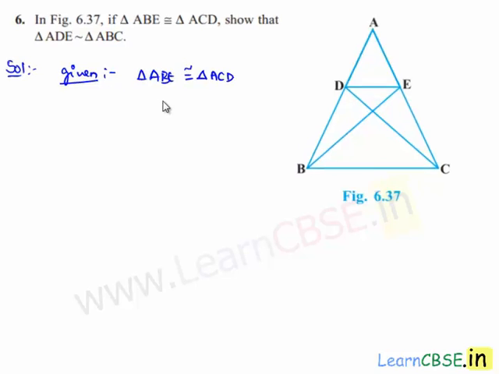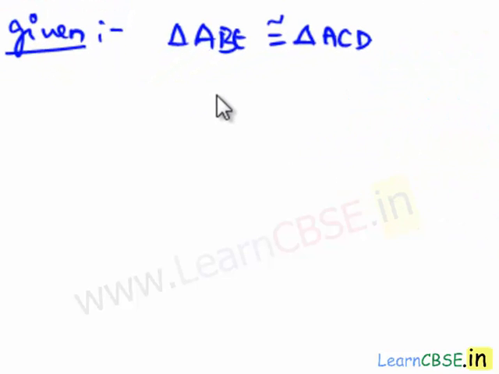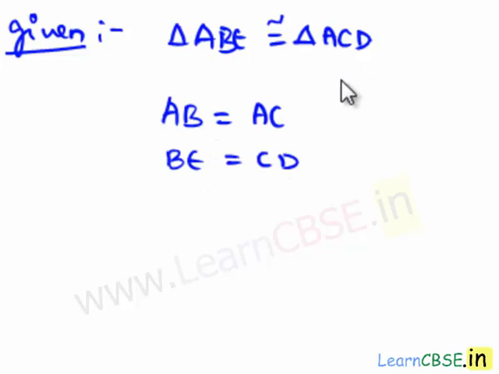We know that when two triangles are congruent, then their corresponding sides will be equal. So here AB is equal to AC and the corresponding sides, that is BE, is also equal to CD, and AE will be equal to AD.